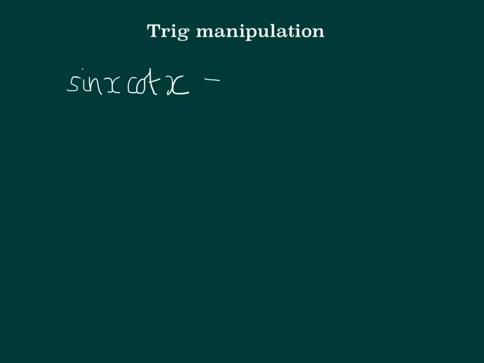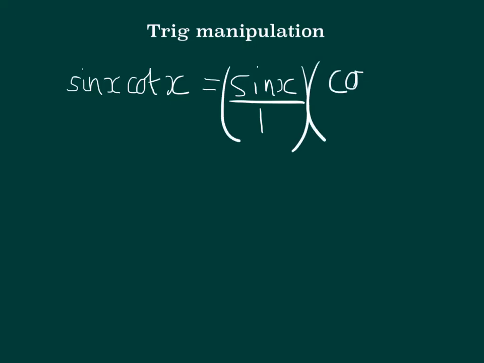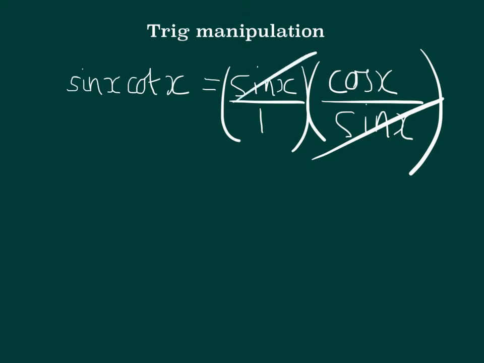So this is sine x over 1, because we're writing everything as fractions, times cos x over sine x. These cancel and we're left with cos x. So sine x times cot x is cos x.